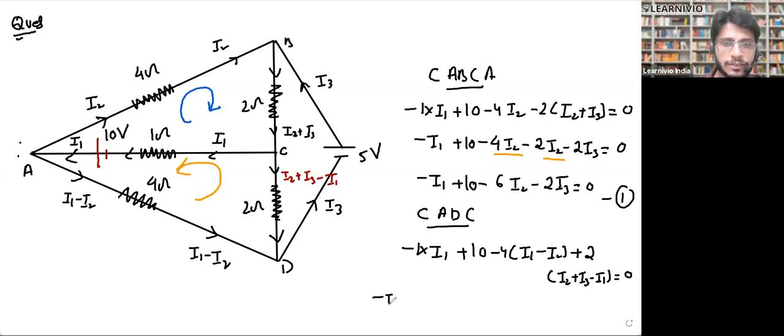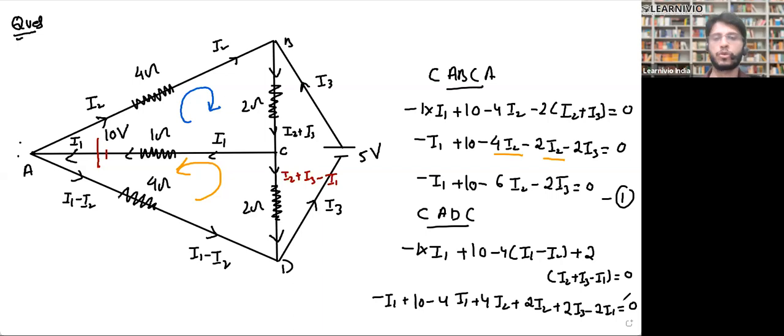So I can write this as minus I1 plus 10 minus 4I1 plus 4I2 plus 2I2 plus 2I3 minus 2I1 is equal to 0.